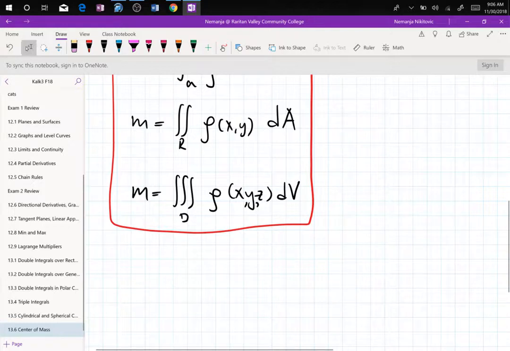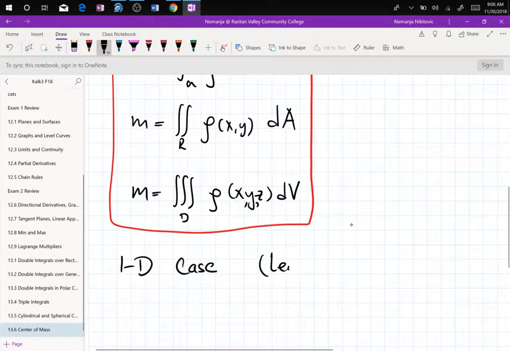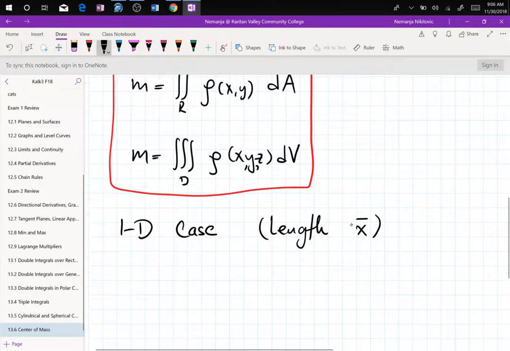So now we get into the 1D case. We're only having length, which means x bar. We are looking for the length, which is x bar.